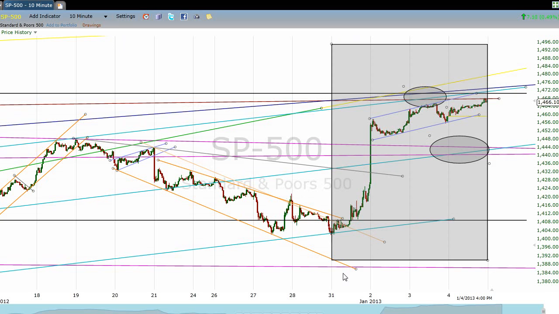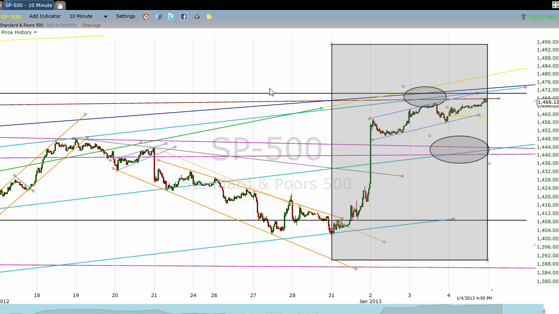What didn't work was seeing the degree of that gap up on the second. You might have thought it was coming, but I don't know that you could look at the chart and say, yeah, we're about due for a 20-something point plus gap up.